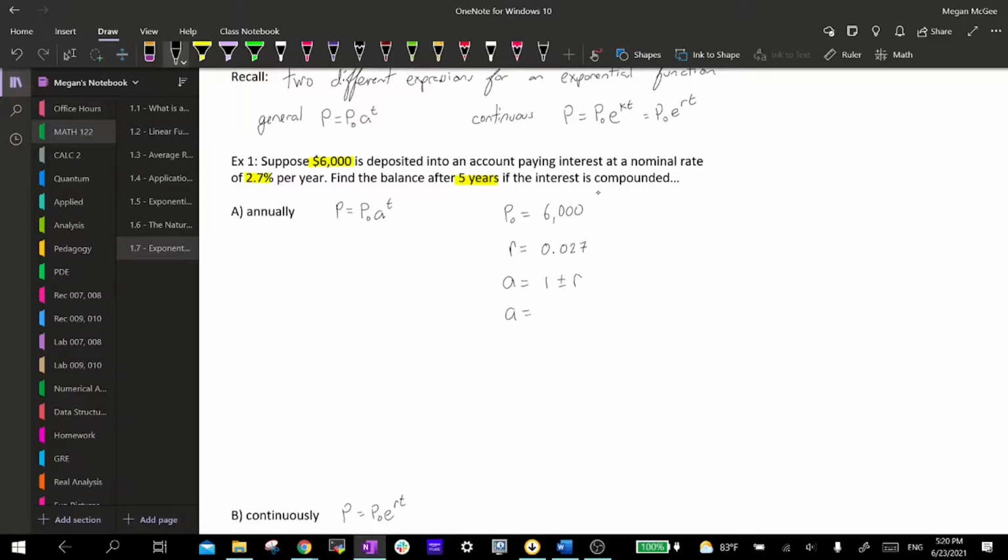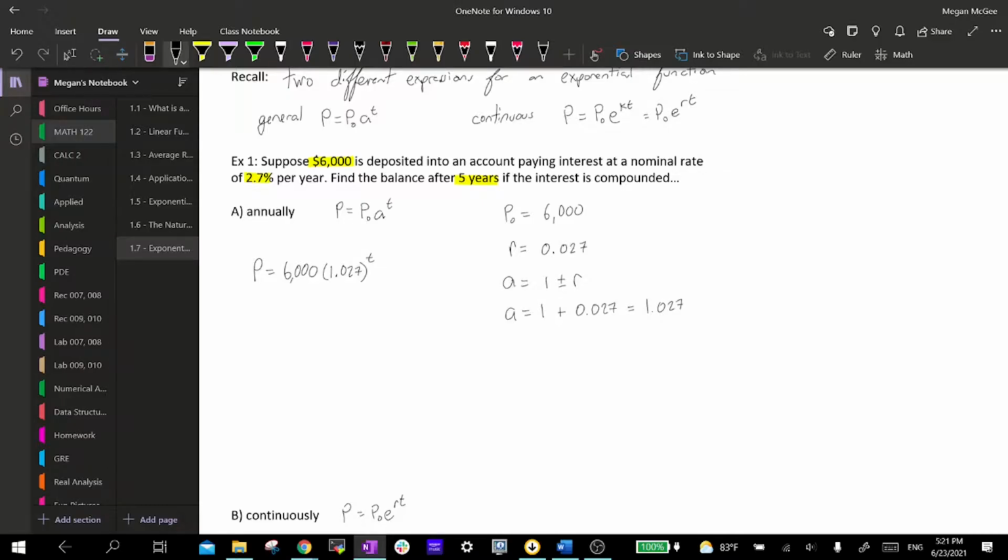So a is 1 plus 0.027, so we get 1.027. And now we have all of the pieces that we need. So P is equal to P naught, which is 6,000, times a, which is 1.027, raised to the t.